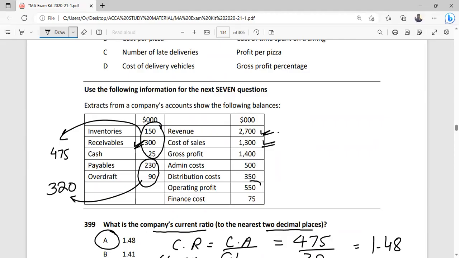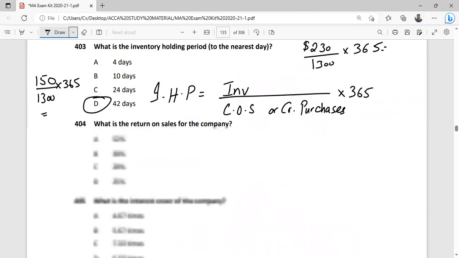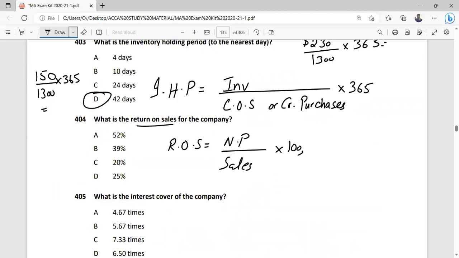In fact, we are provided with the operating profit, so we will use operating profit, the correct measure, and sales is 2700. So 550 divided by 2700 into 100. So what is the return on sales? It's 20.3%.